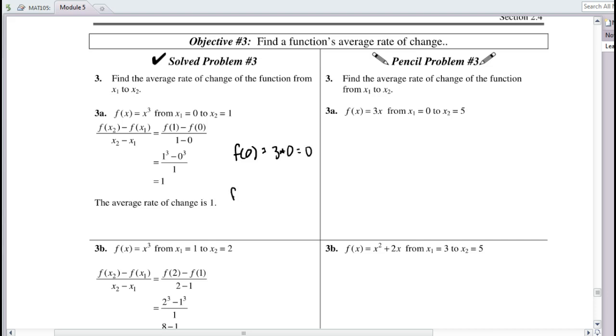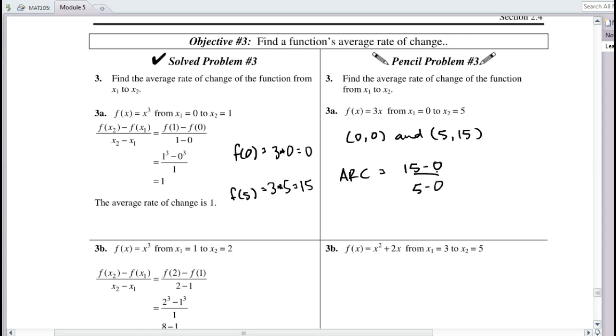And when you do f of 5, we get 3 times 5, which equals 15. So we get our two ordered pairs, (0, 0) and (5, 15). Now, to find the average rate of change, we just do the slope formula between those two points. 15 minus 0 over 5 minus 0, which is 15 over 5, which equals 3.